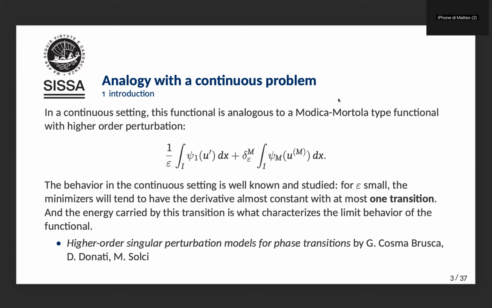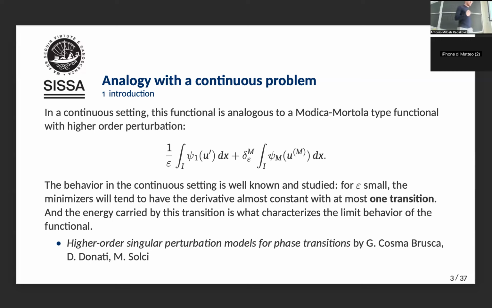They will tend to be something of this form. So we will have a transition in the slope of the minimizing function from one value to another, that is, from one well of the double well function psi 1 to the other well.